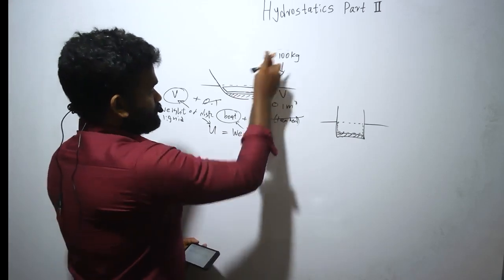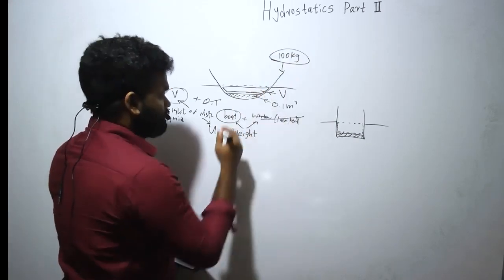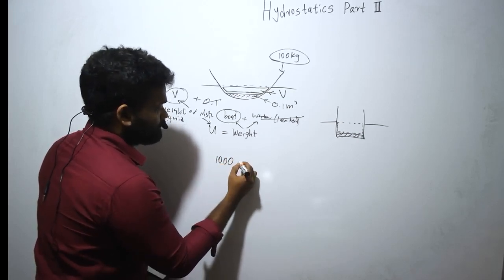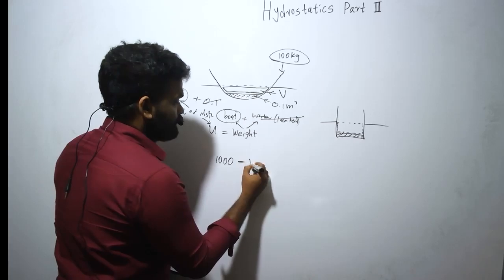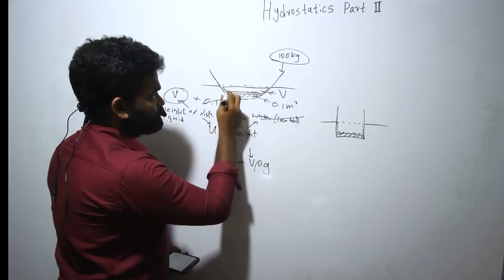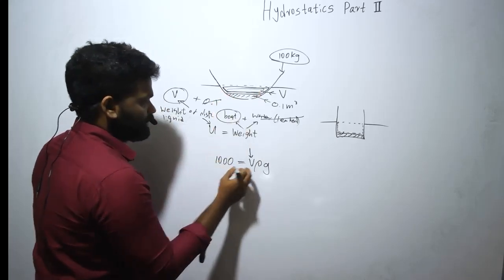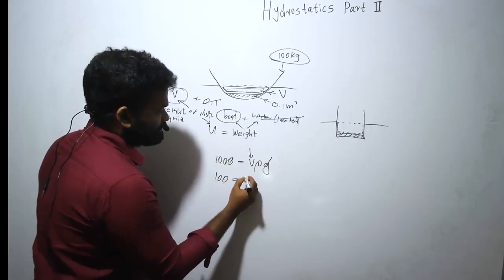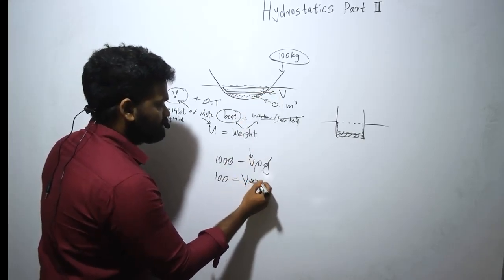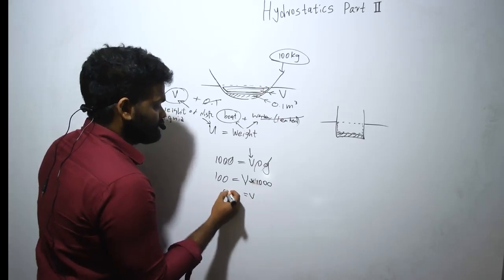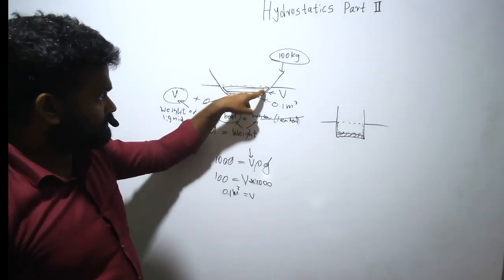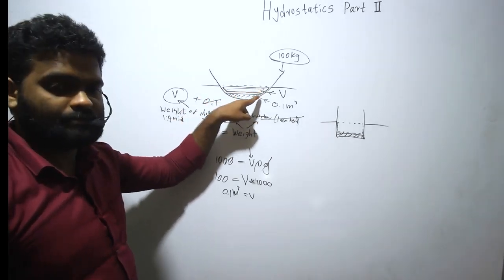So the weight of the boat is 100 times 10, mg equals V rho g, the upthrust created only by this. Here as V you substitute this volume. I think you understand that. So 100 equals V rho, and what is V? That is what we need to find. Rho is the density of water, right? So V is equal to 0.1 cubic meters. So this volume also is 0.1 cubic meter, and here you have volume 0.1 cubic meter.